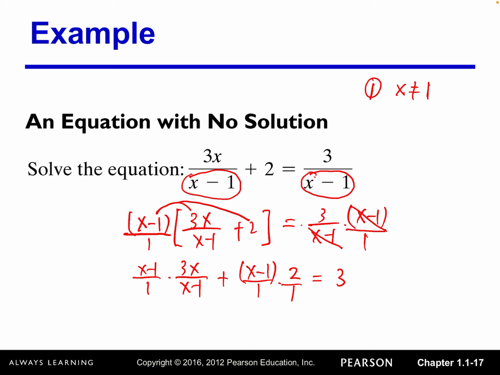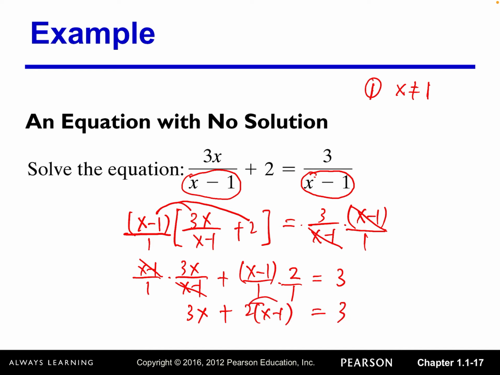And the left hand side, we further simplify, x minus 1 cancels, so just 3x, right? And then plus 2 times x minus 1 in the parentheses equals 3. And then further eliminate parentheses, 3x plus 2x minus 2 equals 3. Combine like terms, right?